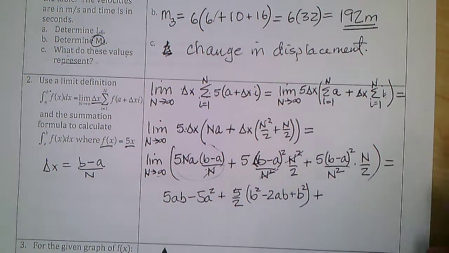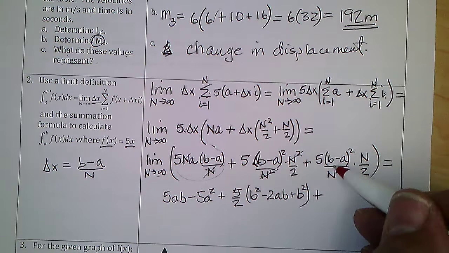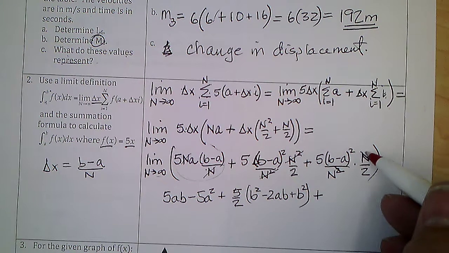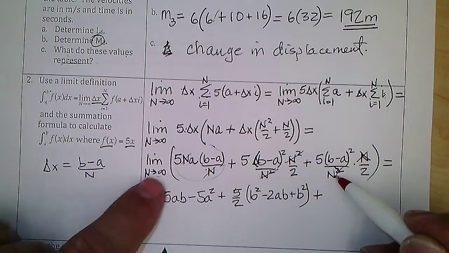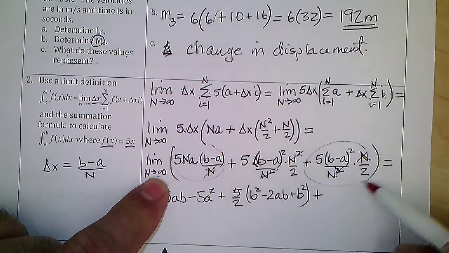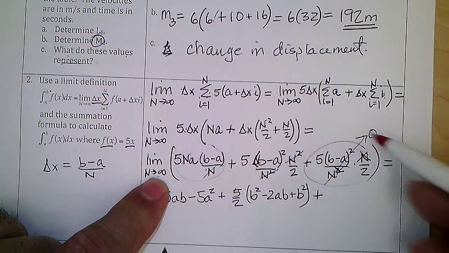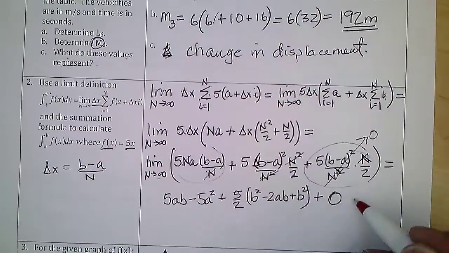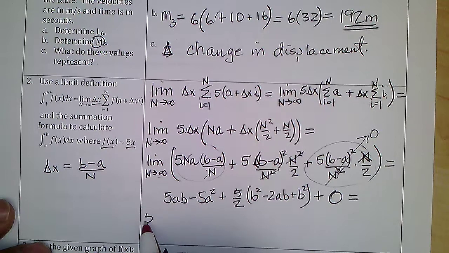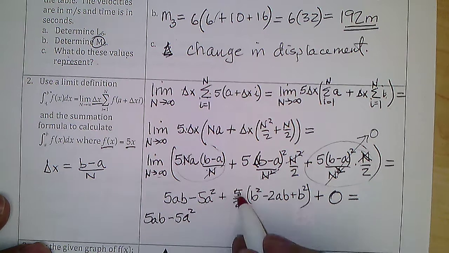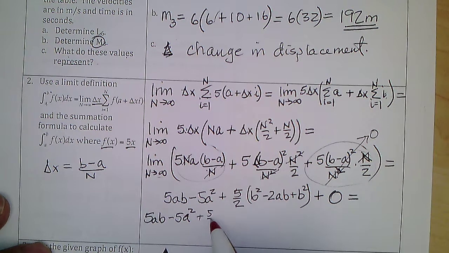Plus, on this one one of the n's cancels, but that leaves an n in the denominator, and when n goes to infinity, this whole fraction will go to 0. So I have 5ab minus 5a squared plus 5 halves b squared.